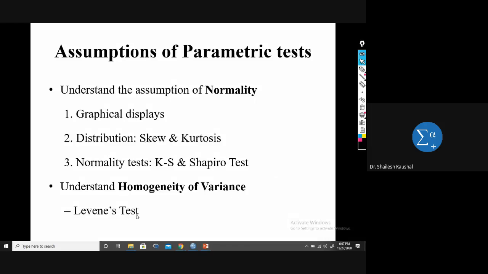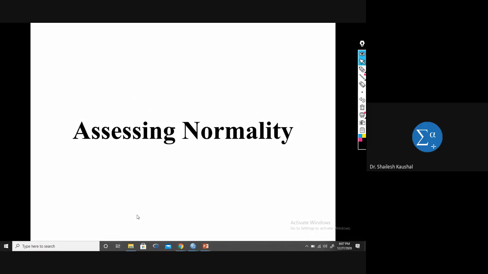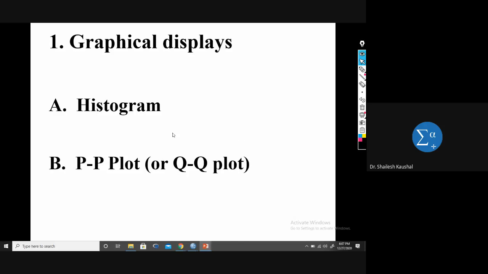For normality purpose, we produce the value of a KS test, and for homogeneity we give the value of Levene test. So there are two values, KS test for normality and Levene test for homogeneity. Okay. Now assessing the normality, how to assess whether our data is normal or not. So there are three ways.